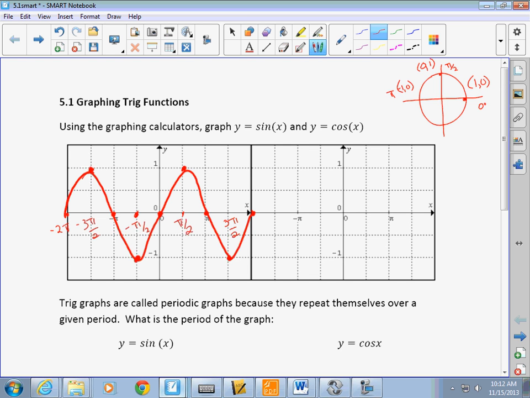Here's pi, my sine should be at 0, and it's at 0.